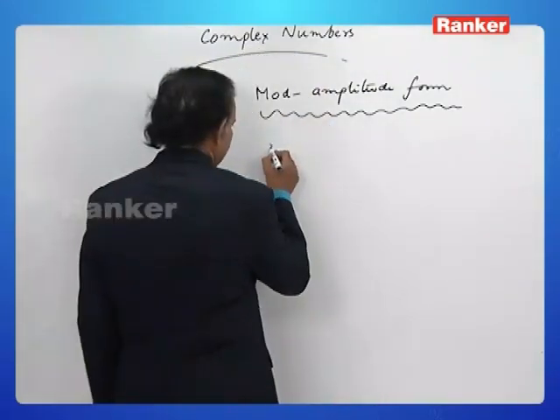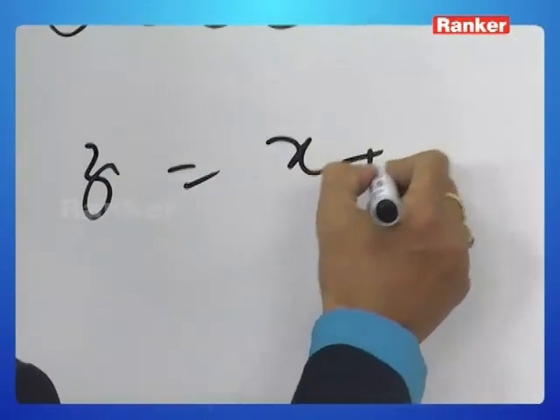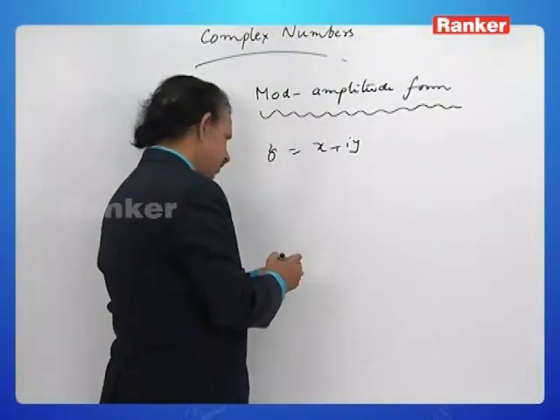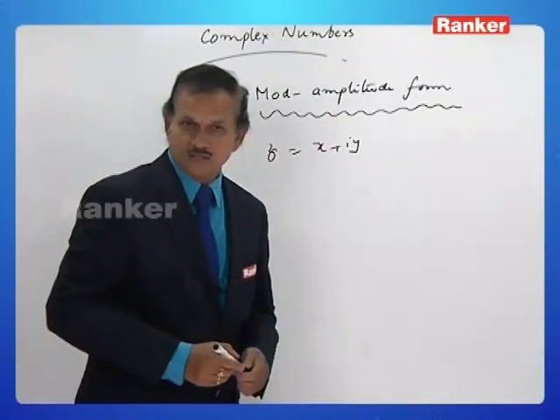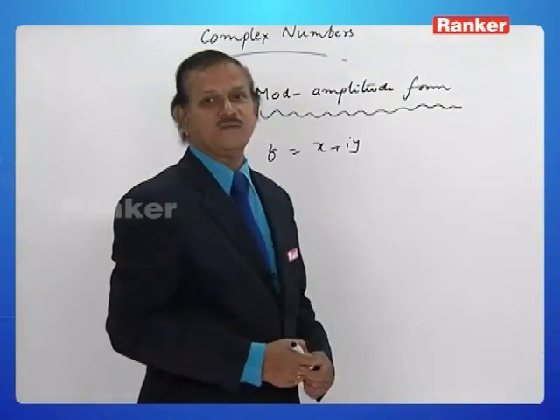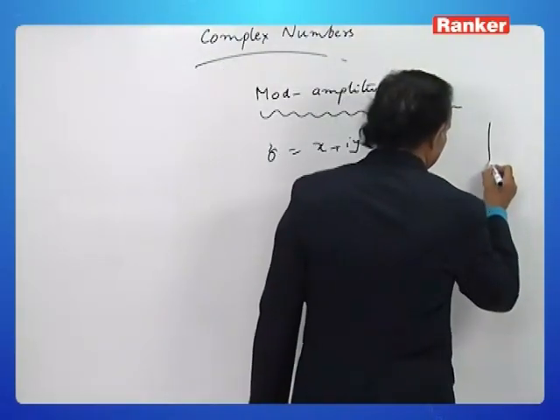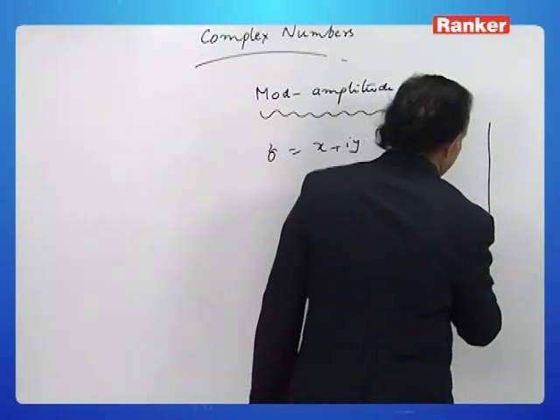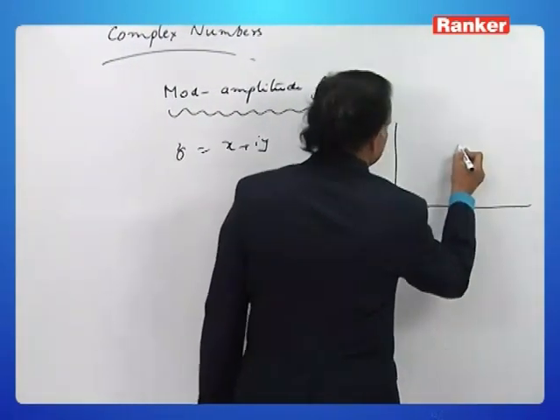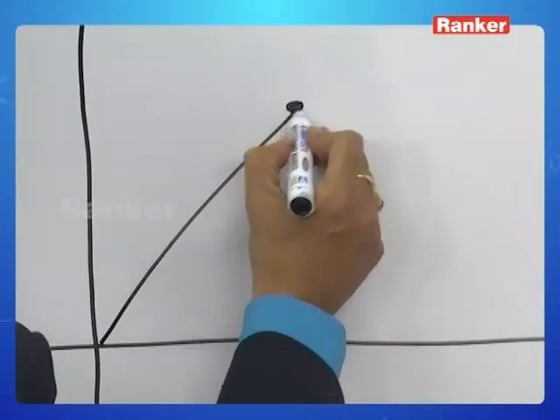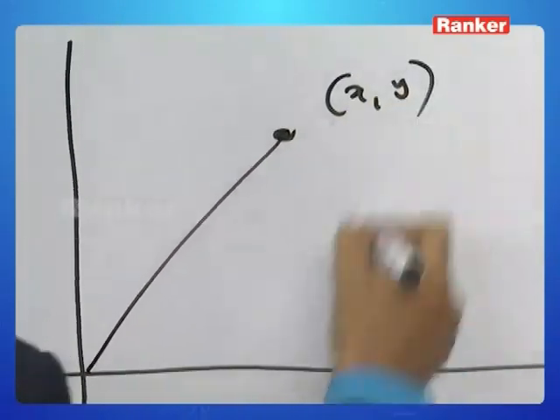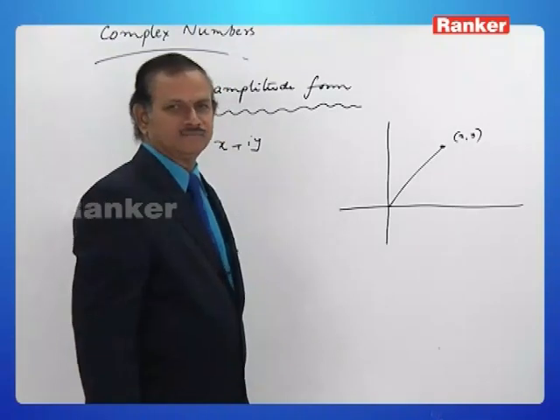Let z is equal to x plus iy be a complex number with us. We know that it can be represented as the point x comma y on the Argand plane.